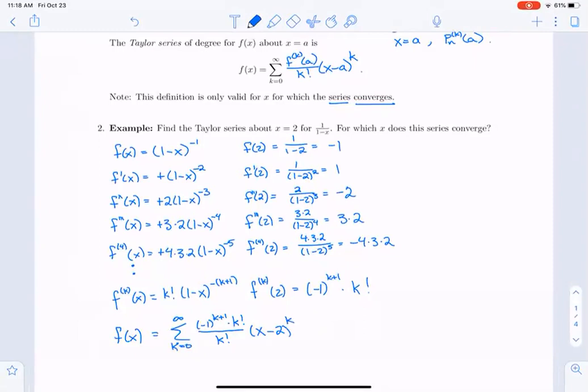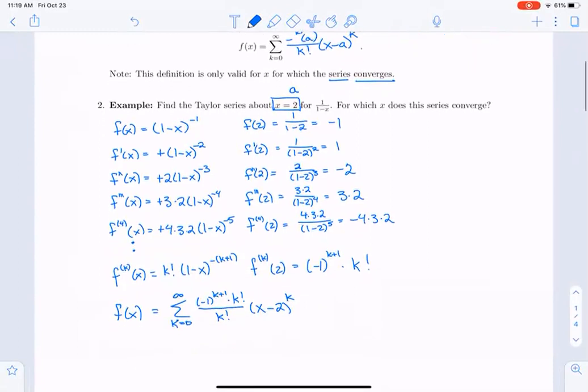So notice again, you always find the Taylor series around x equals a. This time we're finding it about x equals 2. So that tells me that a is 2, right?